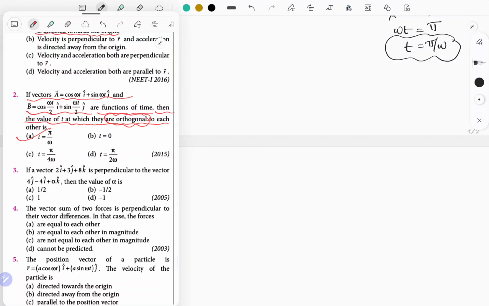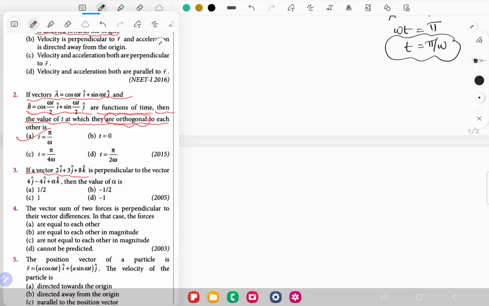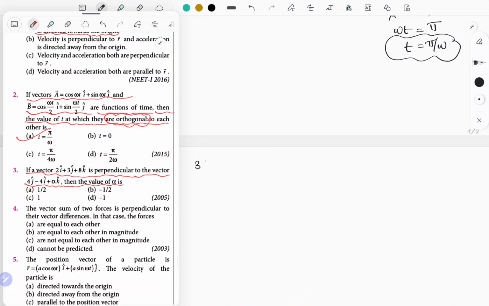Next one is also of the same model. They gave two vectors and they said if a vector 2 i cap plus 3 j cap plus 8 k cap is perpendicular to the vector 4 j cap minus 4 i cap plus a k cap, then they're asking the value of a. Third one.